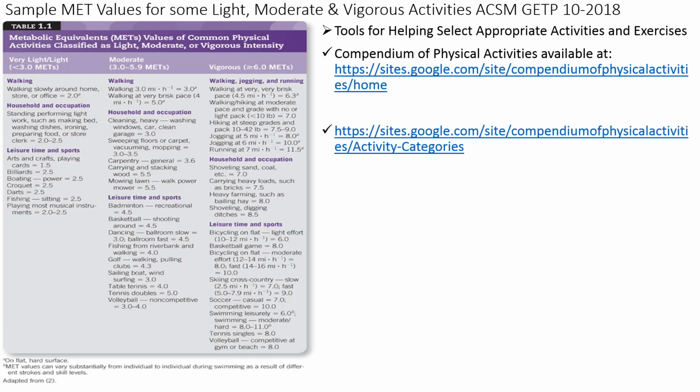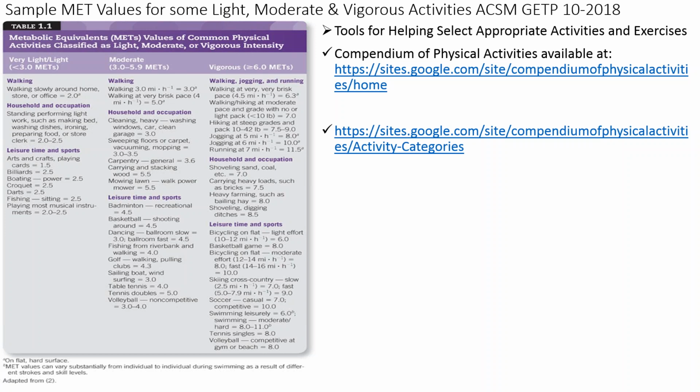Here are some samples of activities represented by their MET levels, and they're broken into very light or light, moderate, and vigorous. These are extrapolated from the Compendium of Physical Activities from Dr. Barbara Ainsworth and her colleagues. And on the right side of your screen, you see some links to that tool and to some of the searching tools within there.